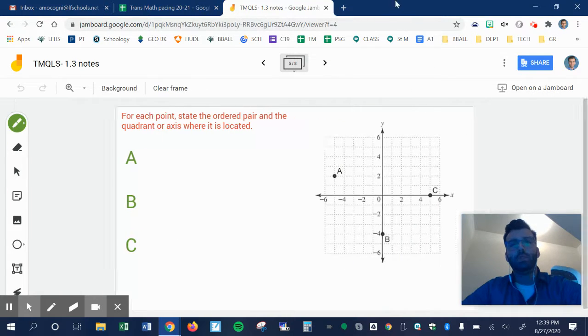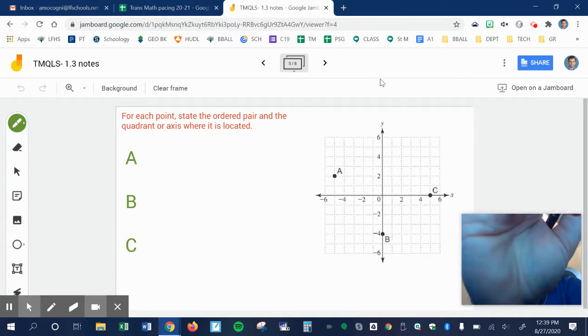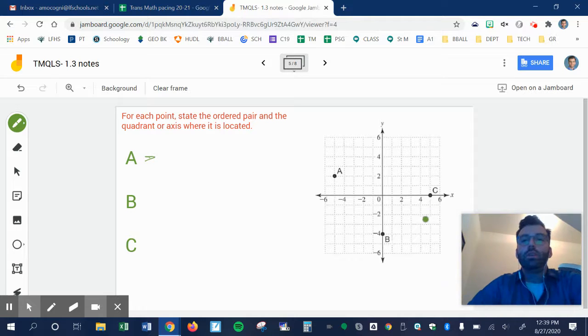For each point, you want to state the ordered pair and the quadrant or axis where it is located. So for point A, I want to identify the xy coordinate. If I look at coordinate A, I'm going over 1, 2, 3, 4, 5, so -5 to the left.